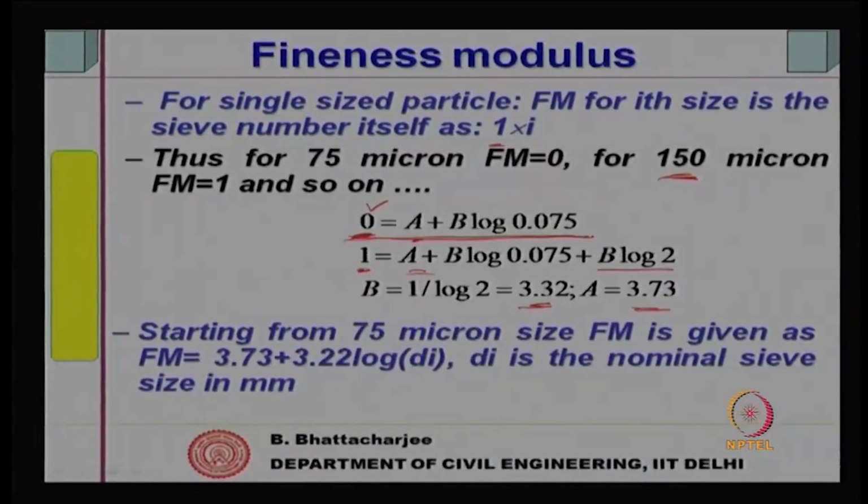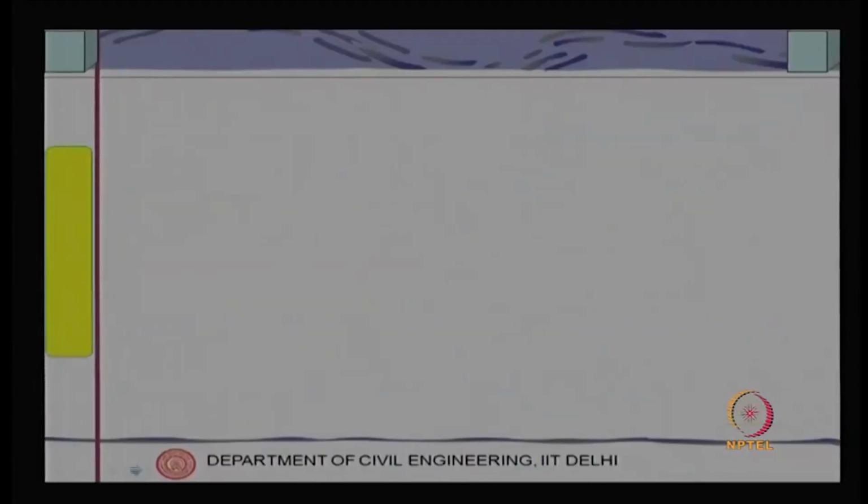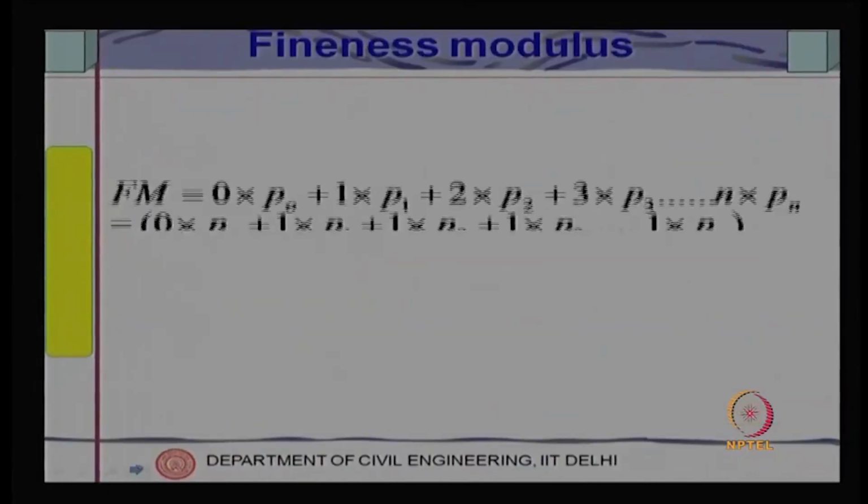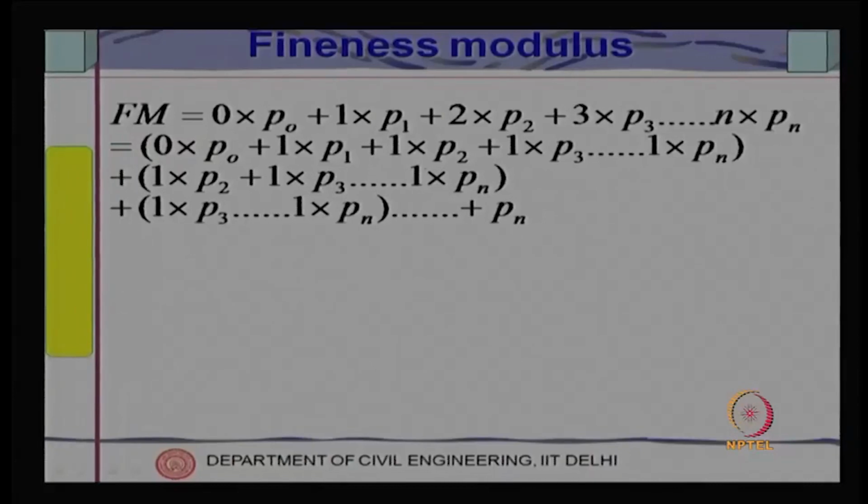So, starting from 75 micron size, Fm is given as 3.73 plus 3.32 log di, where di is the nominal sieve size in millimeter. For any size, you can find the fineness modulus like this, and for a combination, the fineness modulus is given by this formula, as we have seen.